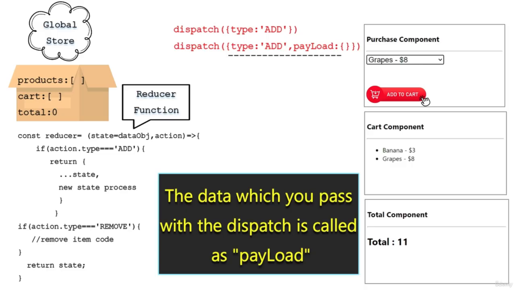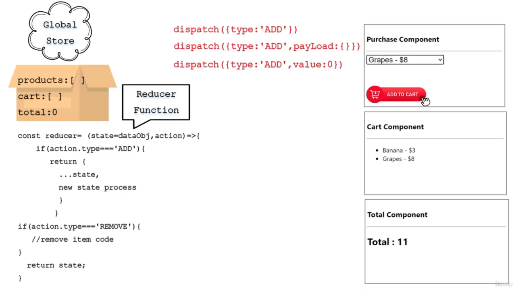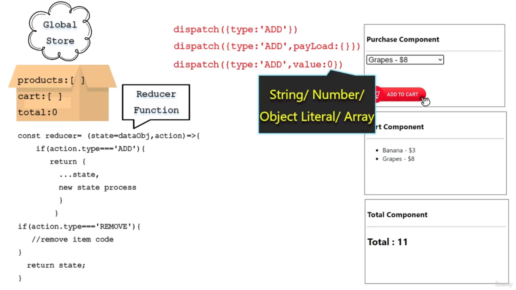Here in this example, there is an object literal. Let me show you one more example. Here I say dispatch type is equal to add, value: 0. That means the payload name I have given is value, and I'm not passing any object literal, I'm just passing a simple numeric value. So this can be a string, a number, an object literal, or an array.